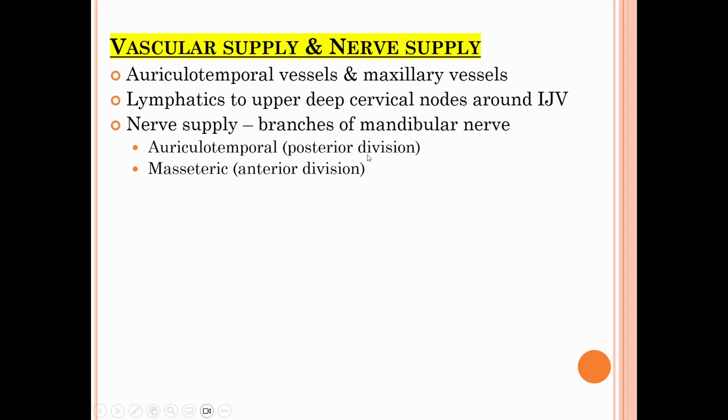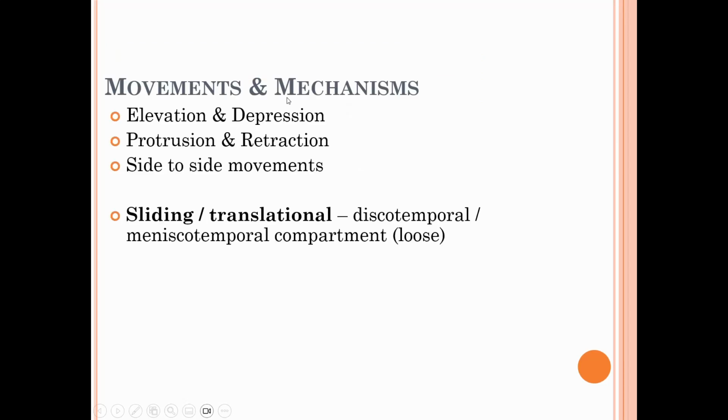So auriculotemporal nerve, posterior division, and the masseteric branch which is from the anterior division, which also supplies the masseter muscle, and it gives a branch to the temporomandibular joint. Also lymphatic drainage is to the upper deep cervical nodes around the IJV. Remember, jugulo-digastric lymph node. Now what are the movements and mechanism?